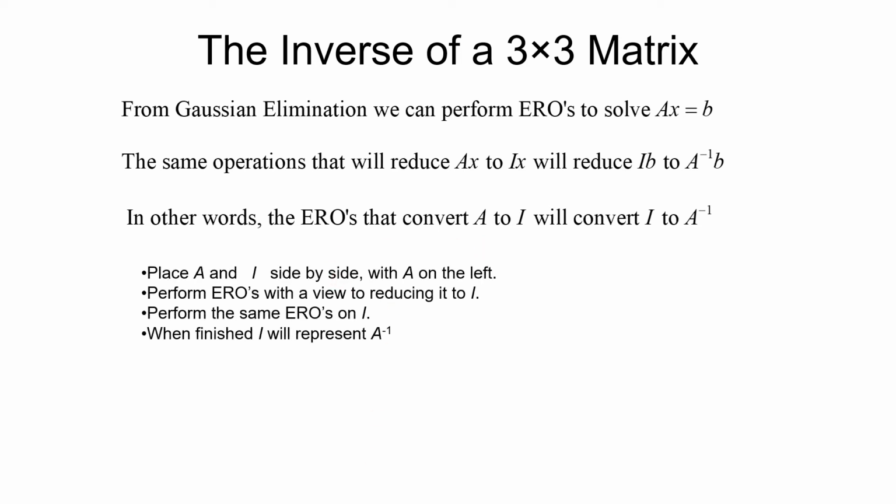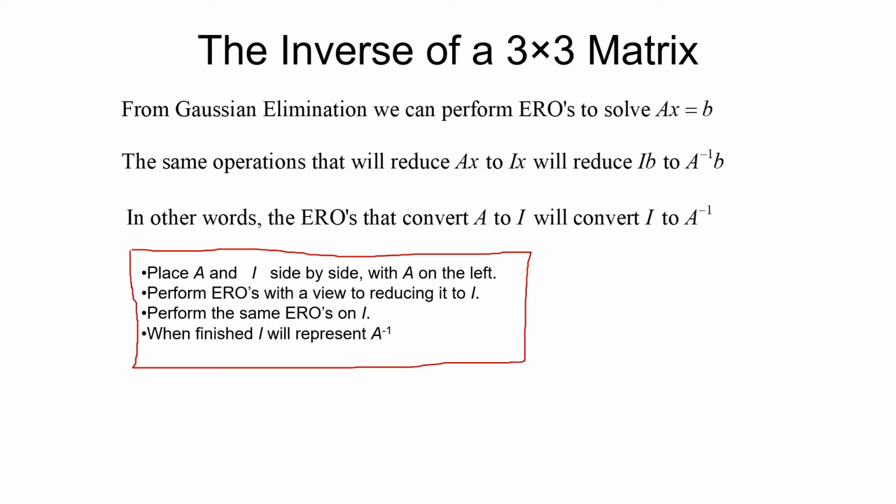These are the 4 steps which are important to identify the inverse of a 3 by 3 matrix. You need to place A and I side by side, with A on the left, and then perform elementary row operations to reduce A to I, meaning the identity matrix of a 3 by 3 matrix, and perform the same elementary row operations on the identity matrix.